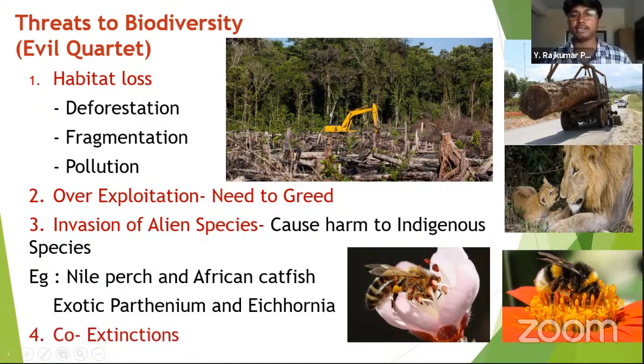Next is coexistence. All the animals are coexisting on this planet. Even plants are dependent on animals for some reason. Animals are dependent on plants for food, we all know, but plants also depend on animals for the pollination process. Here in the picture you can see, for effective pollination, for the formation of seeds, there is a need for insects, isn't it?